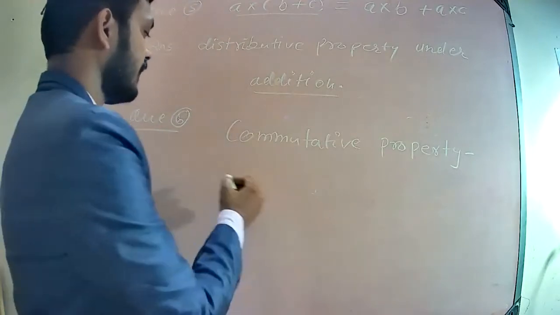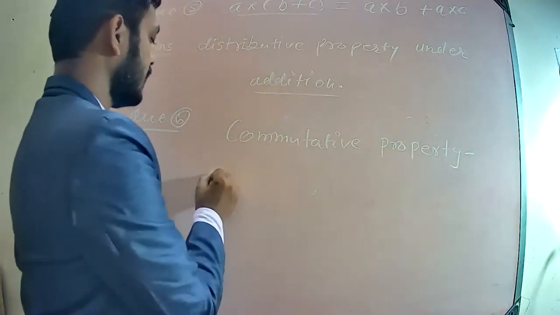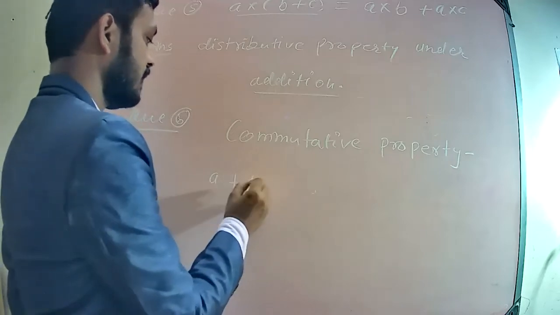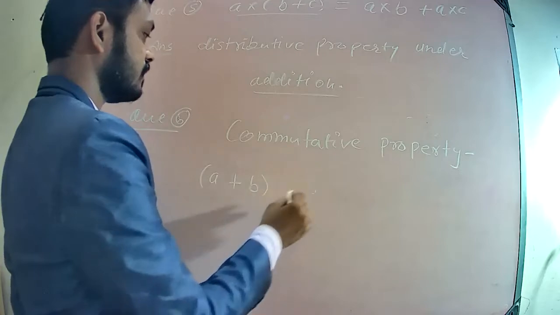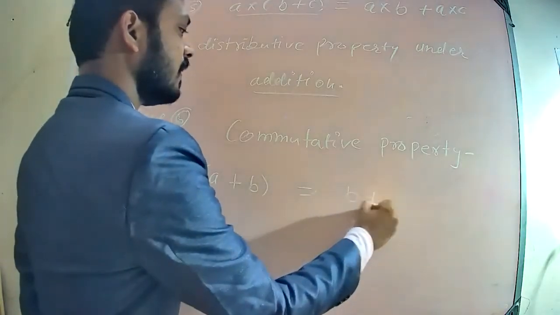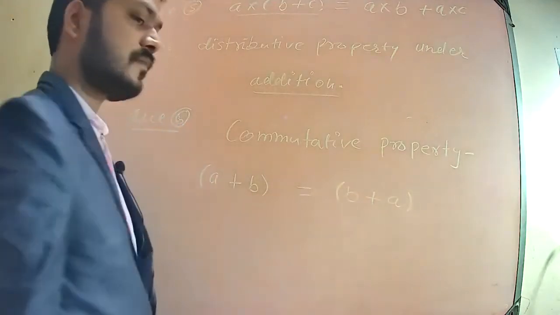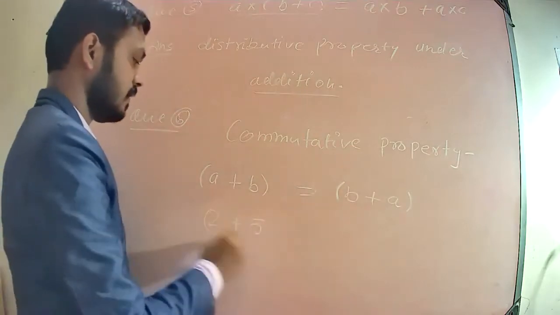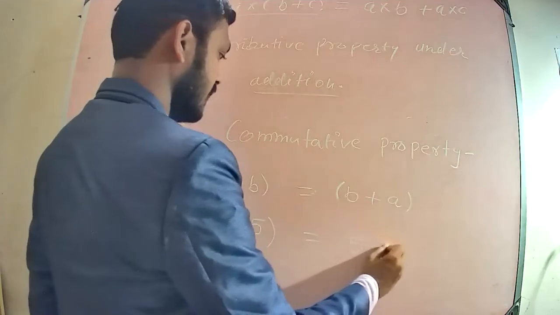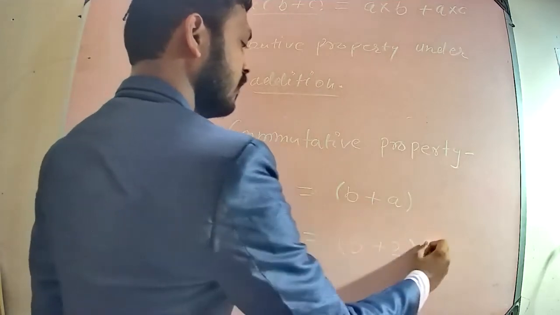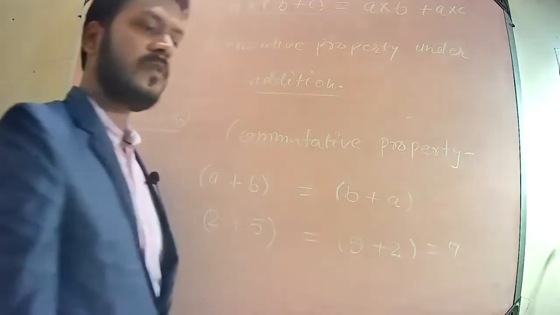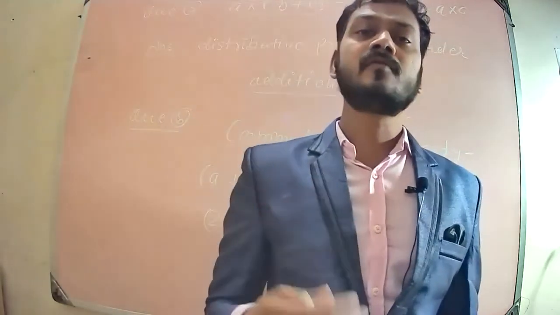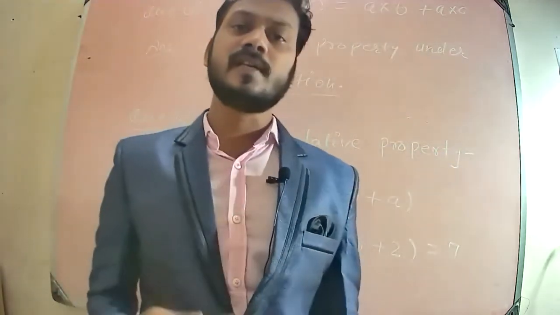Always remember, commutative property means A plus B is equal to B plus A. Suppose A is equal to 2 and B is equal to 5, and B is 5 and A is 2. Both become 7. So we can say that commutative means the sum of any 2 rational numbers.